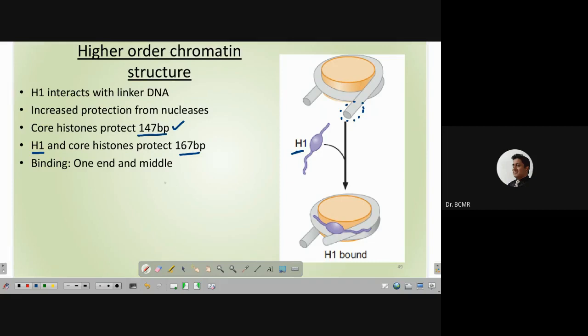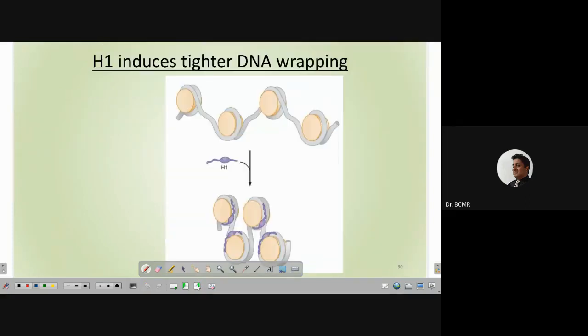Okay. So the function of H1 is to bind to the linker DNA in between 2 nucleosomes, and then it will make it much more compact. We'll see in the other slides. Here is a nice picture depicting the effect of H1 histone. These are nucleosomes 1, 2, 3, and 4.